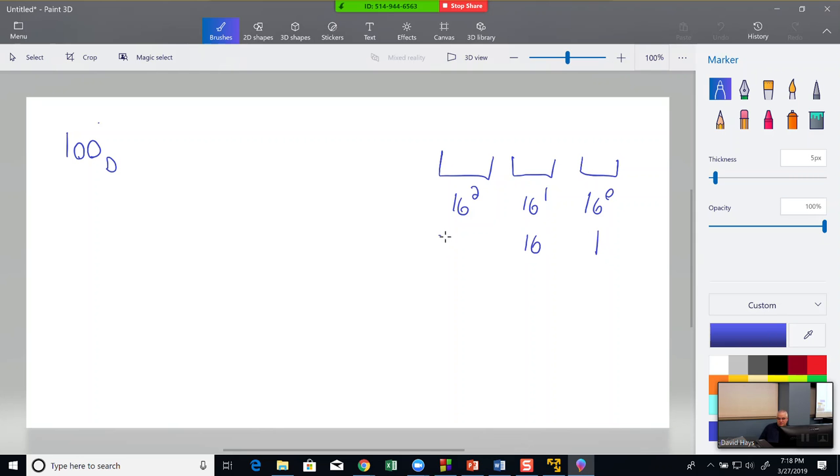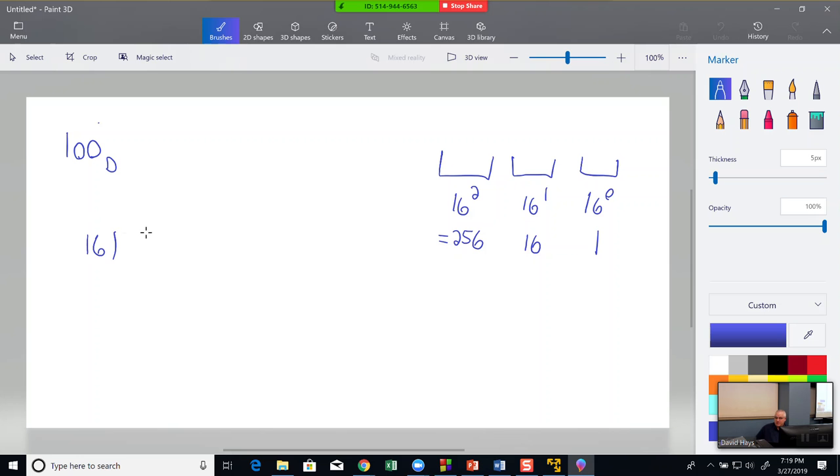I think that's 256. But it doesn't matter because it's greater than 100, so I can't use that one anyway. So to convert this then, you look for the first number that's less than or equal to it. And that's not 256, that'd be 16.